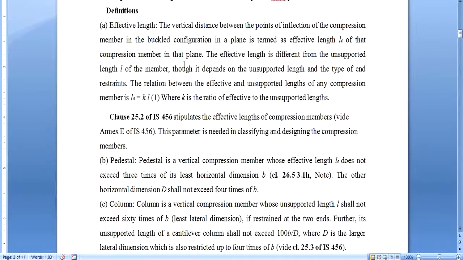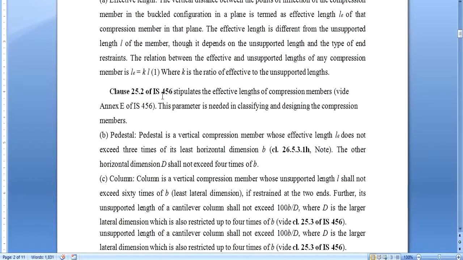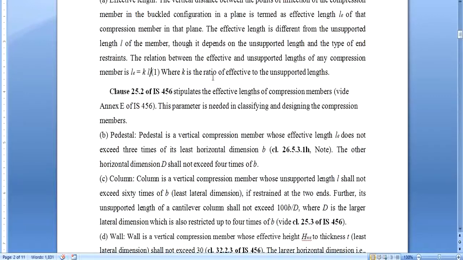The calculation of effective length will depend upon the unsupported length. So what is the formula which connects them? Effective length is equal to K into unsupported length. Effective length is denoted by LE and unsupported length is denoted by L, where K is the ratio of effective to unsupported length.